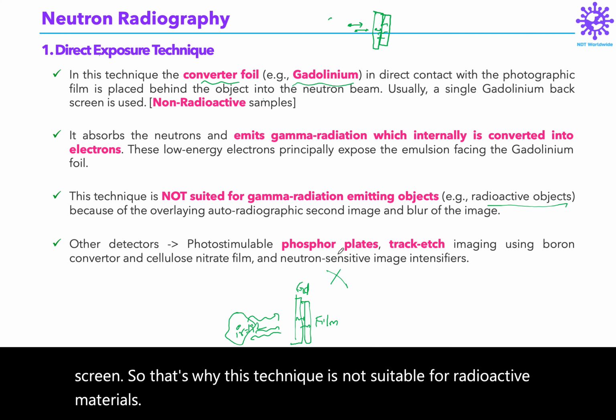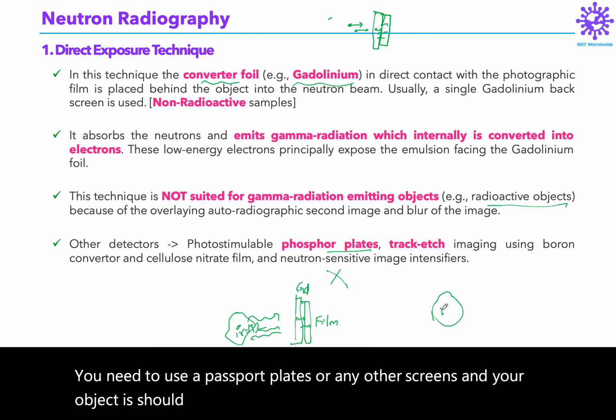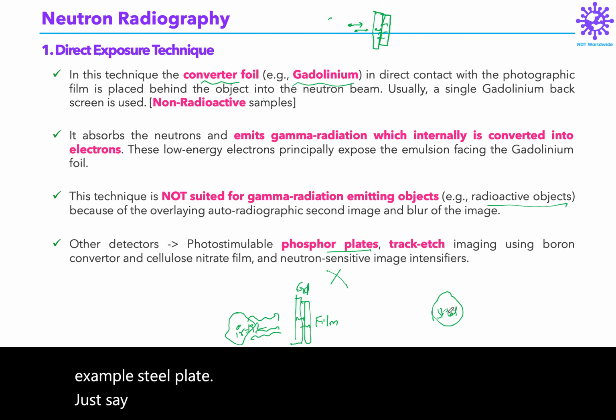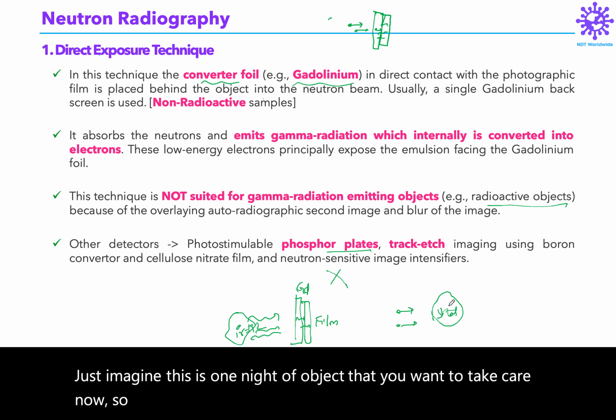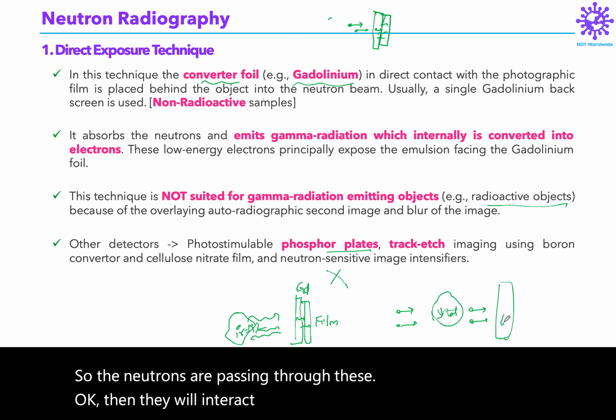So here you need to use a passbar plate or any other gadolinium screen, and your object should be a non-radioactive material, for example a steel plate. Imagine this is one item that you want to take NR of. The neutrons pass through this, then they interact with the gadolinium screen.